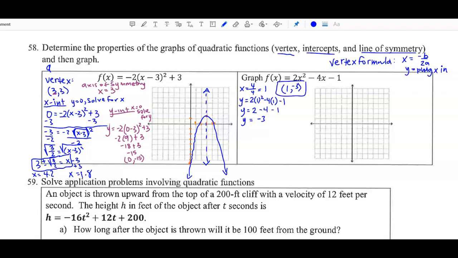And then to find the x-intercepts, remember we can either try to factor it and see if it factors. If it doesn't factor, then you're going to have to use the quadratic formula. When we're looking at this, it looks like we will have to use the quadratic formula to figure out what those are.